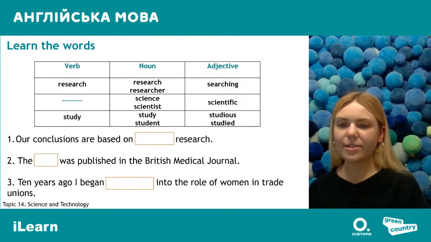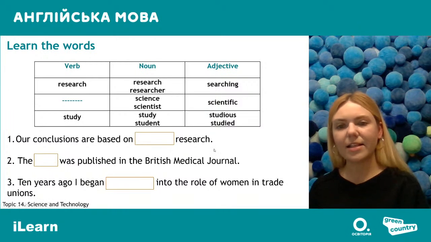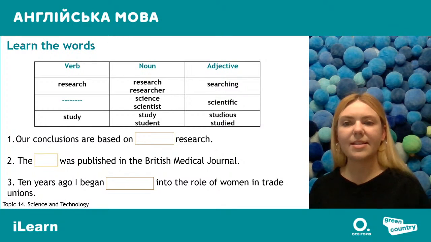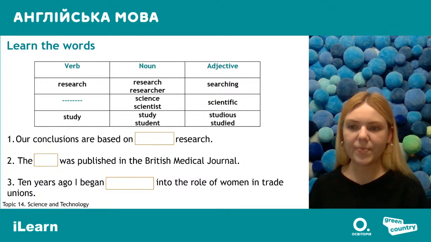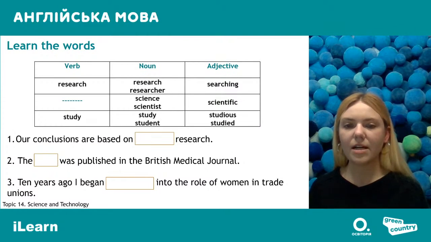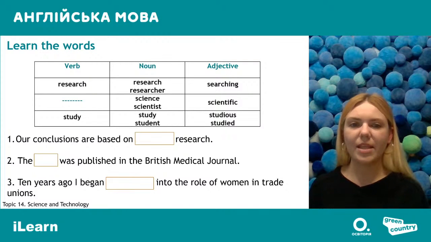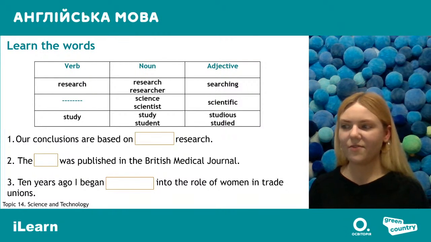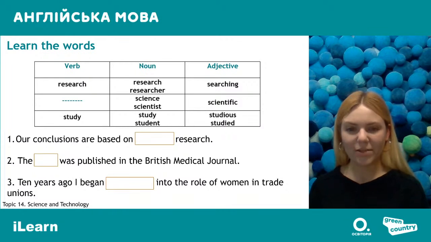And now let's look at 3 sentences and let's try to fill in the gaps with some of the words from this table. We will start with the first one. Let's try to think what we can use in this gap. Our conclusions are based on research. First of all, let's think which part of speech can be used here.